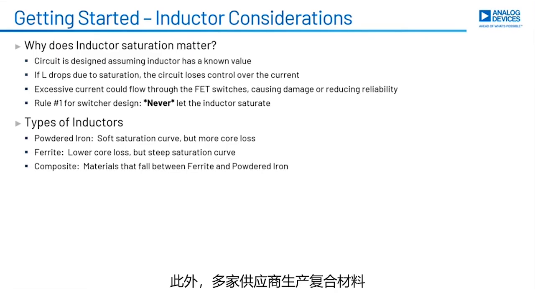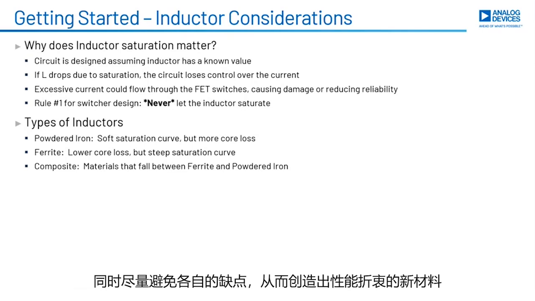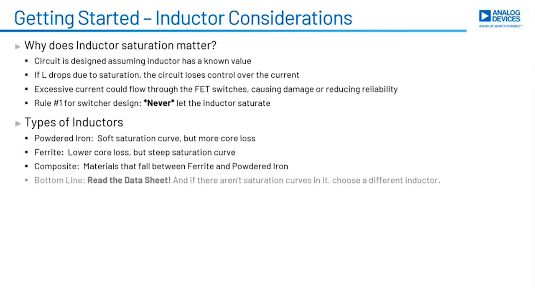And then there are composite materials that a number of vendors make where they've sort of combined both the powdered iron material and the ferrite material, and they try to straddle those two types of materials and get you someplace in between the sort of good and bad characteristics of each of these types of magnetic materials.